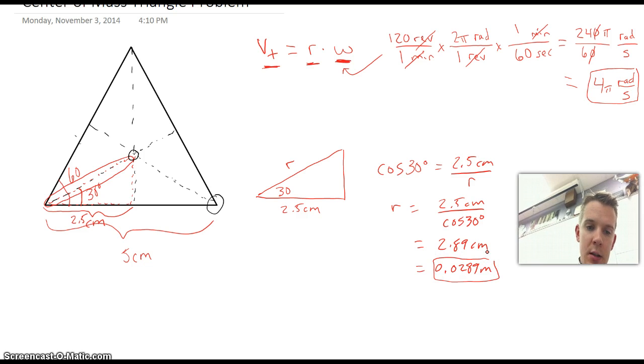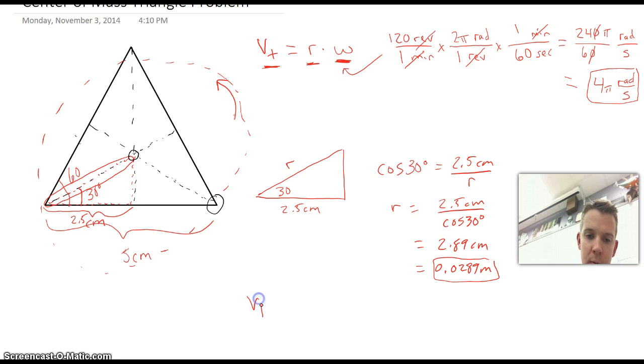So if we were watching this tip as this object was spinning, it would sweep out a circle as the object rotated.